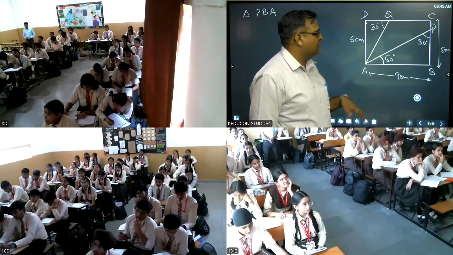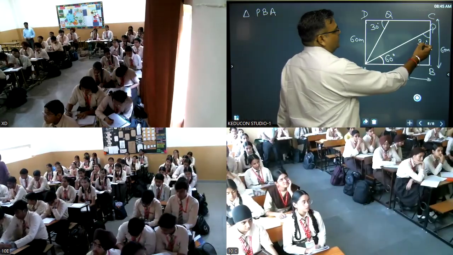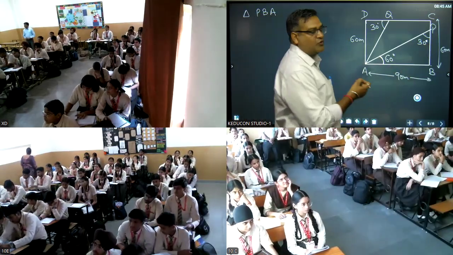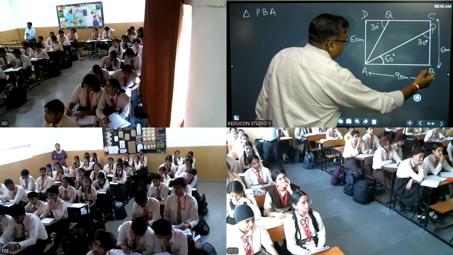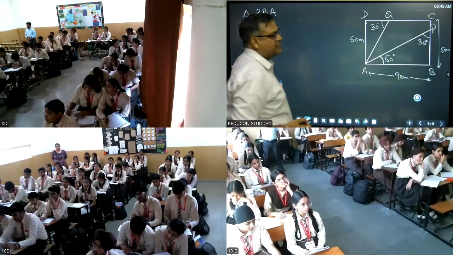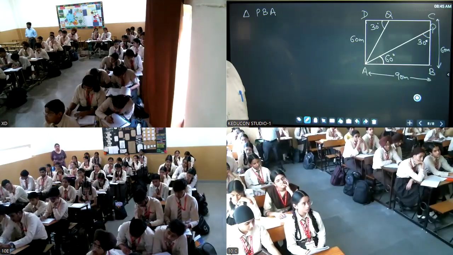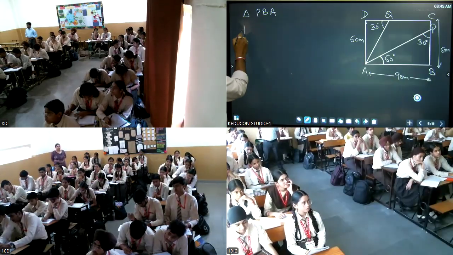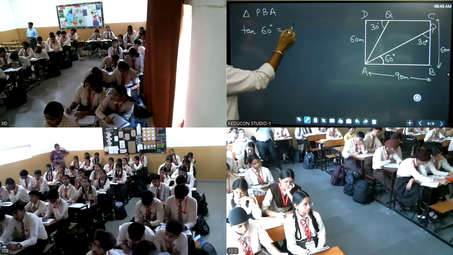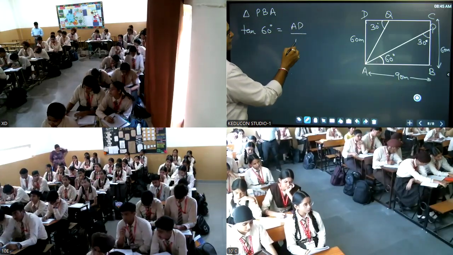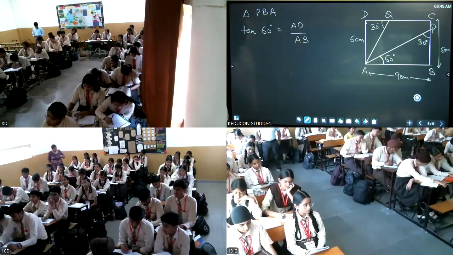Yes. Or you can use only 30 degree also if you don't want to find 60 degree. So now this angle is 60 degree and base is given to us. We have to find the perpendicular. So we can take tan 60 degree is equal to AP over. Is it clear, बच्चों?